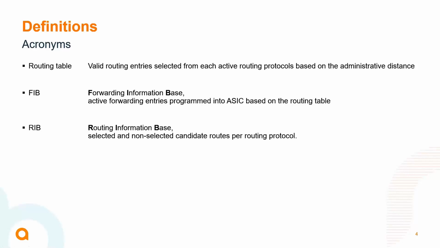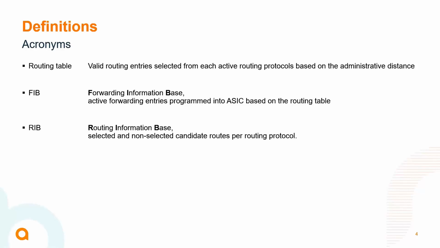Then we have the FIB, the forwarding information base, which are the active forwarding entries that are configured and programmed into the ASIC based on the information of the routing table, the selected routes that we had before. And then you have the RIB, the routing information base, which is pure software, which is not only the selected routes, but as well the non-selected candidate routes per routing protocol.